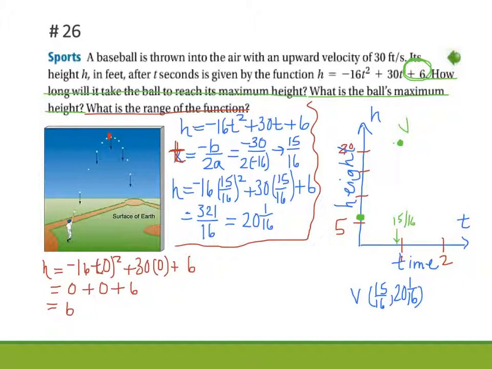And now let's think about the symmetry of the graph. Remember that when you used x equals negative b over 2a, you found the x-coordinate of the vertex, but what you also found was the axis of symmetry. The axis of symmetry is x is equal to 15 over 16. And what that means is that the distance from the axis of symmetry to the y-intercept, this right here, is going to be equal to the distance to another point, the reflection point.